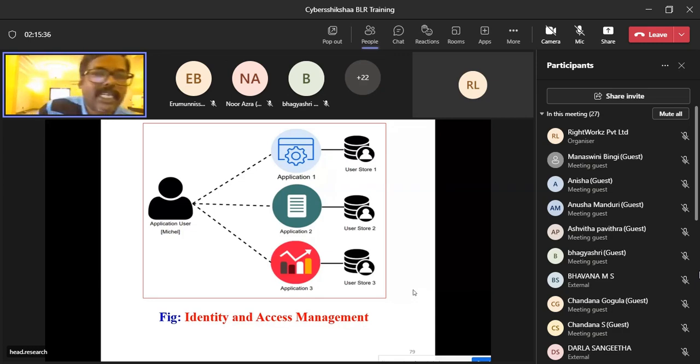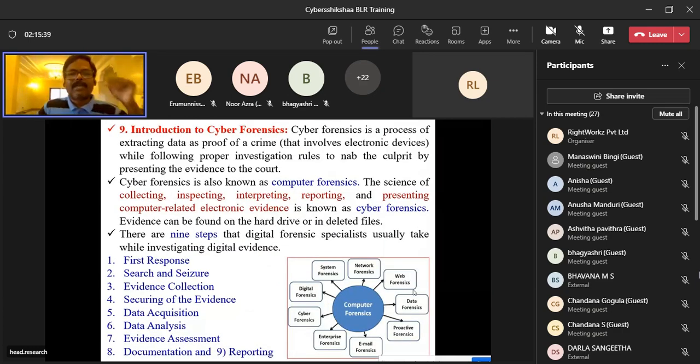And the ninth one is introduction to cyber forensics. Cyber forensics is also known as computer forensics. It is a process of extracting data as proof of a crime or attack involving electronic devices, while following proper investigation rules to nab the culprit by presenting the evidence to the court. The science of collecting, inspecting, interpreting, reporting and presenting computer-related electronic evidence is known as cyber forensics.